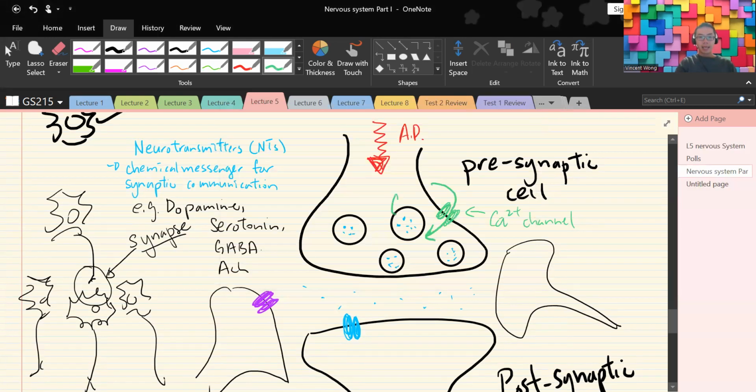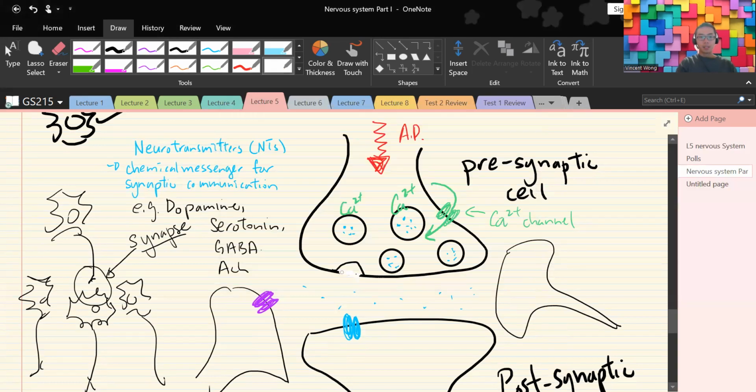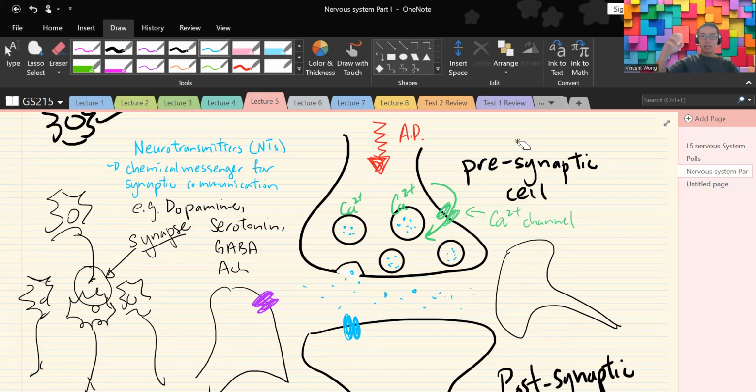Calcium is important because it will push these vesicles towards the edge of the cell. When they get to the edge, they will release the dopamine, or whatever the neurotransmitter is. Do you understand? So action potential comes, calcium channel opens, calcium pushes the vesicles towards the edge.